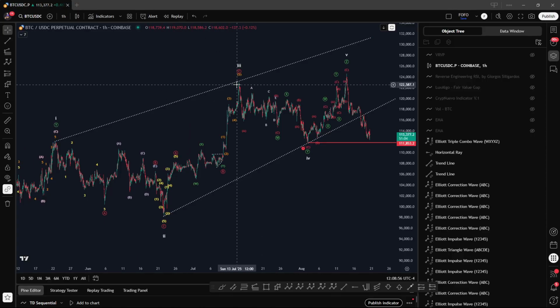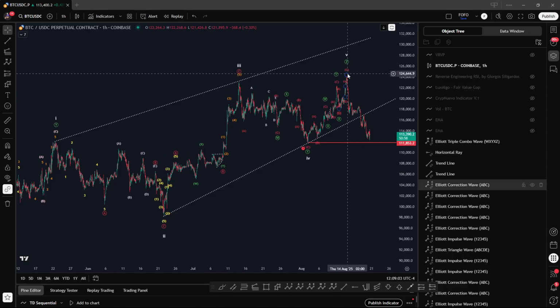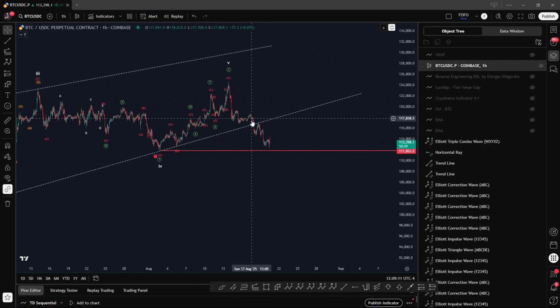They're not rule barriers, they're guidelines. The rule is that this low can't break in order for this to be not done. But if we look at the guideline here, we have broken underneath that, back tested it, and continued lower.